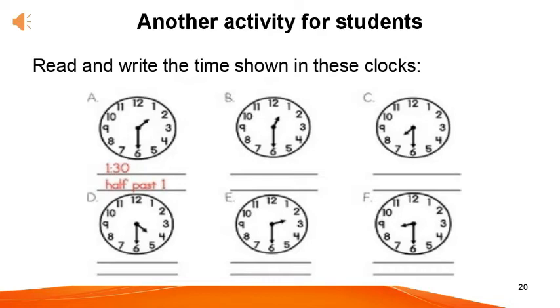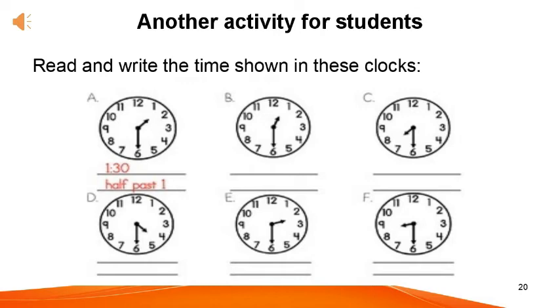In the second clock, the minute hand is at 6 and the hour hand is between 12 and 1. In the third clock, the minute hand is at 6 and the hour hand is between 7 and 8.